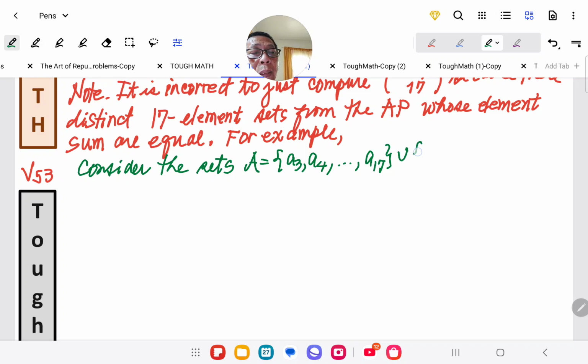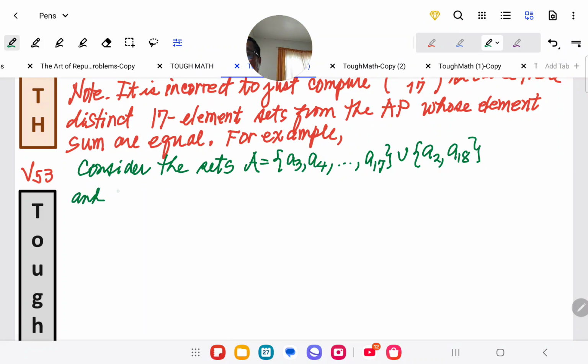So we consider these 2 other elements, A sub 2 and A sub 18. So there are now 17 elements.